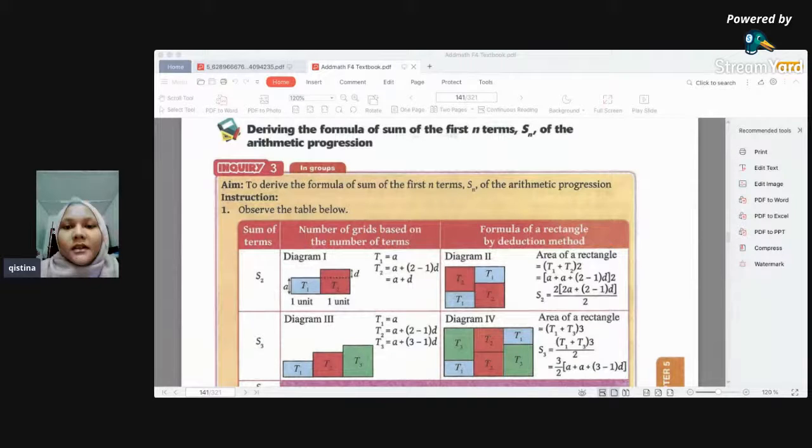So the equation we get. Now let's move to diagram 3, which has the same information as diagram 1, but there was another one.